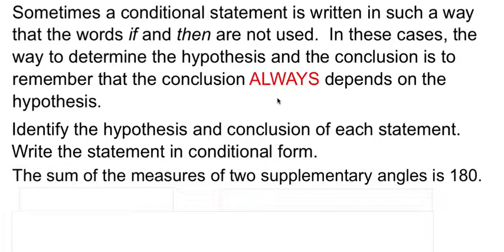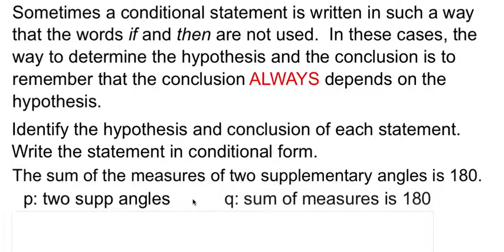What has to happen for us to even be able to talk about this? We need to have 2 supplementary angles. If we don't have 2 supplementary angles, I could care less if the sum of their measures is 180. Okay. To be able to get to 180, I have to have 2 supplementary angles. So that's the hypothesis. The conclusion then is the sum of their measures is 180.